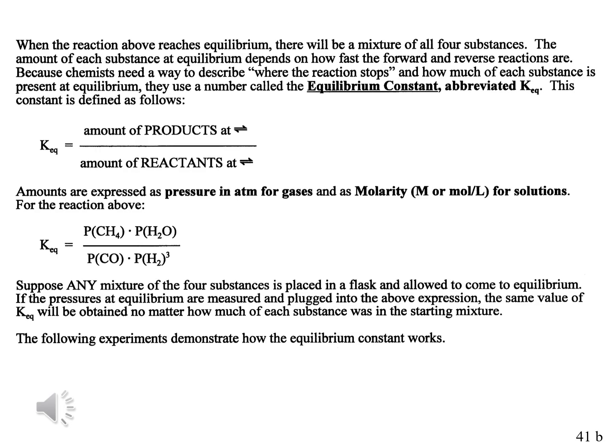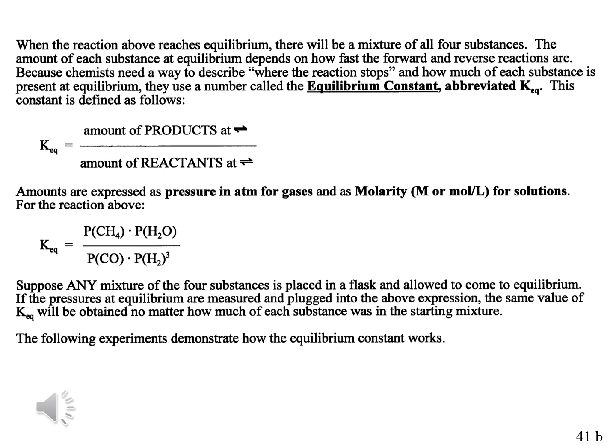The question is, what does this mean? The equilibrium constant means that if you put any mixture of those four substances into a flask, they are not usually going to be at equilibrium, but they're going to shift to reach equilibrium.